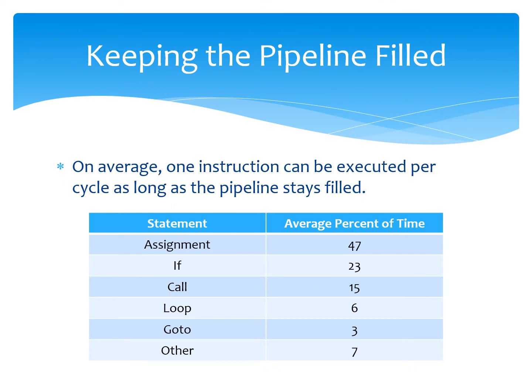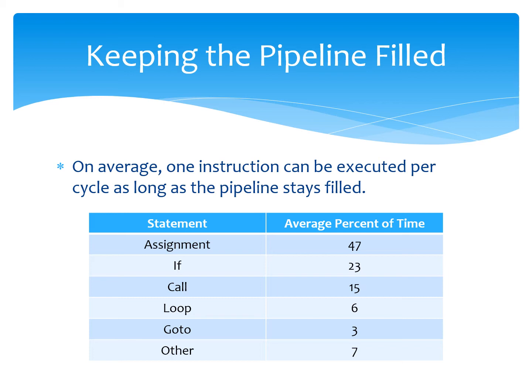Although it takes multiple steps to execute an instruction in this model, on average, one instruction can be executed per cycle as long as the pipeline stays filled. As shown on the screen, this is the frequency of occurrence of instructions in a mix of programs written in a variety of languages.